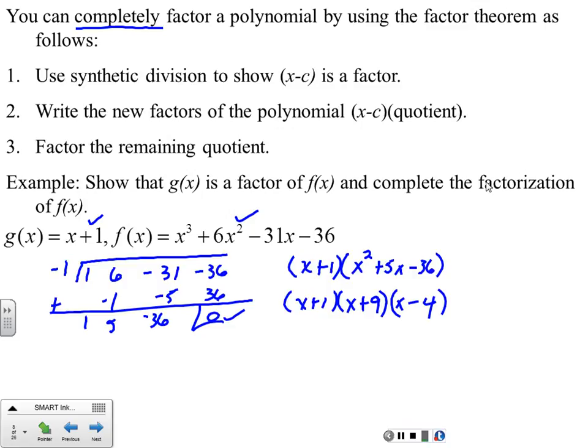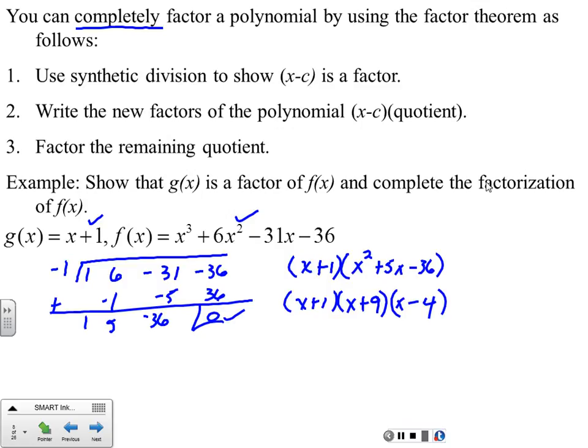For those of you who do not understand where that came from, take a visit back to the last part of chapter 3, in particular 3.6, and it'll tell you how to factor these trinomials. And you just completely factored a third degree polynomial.